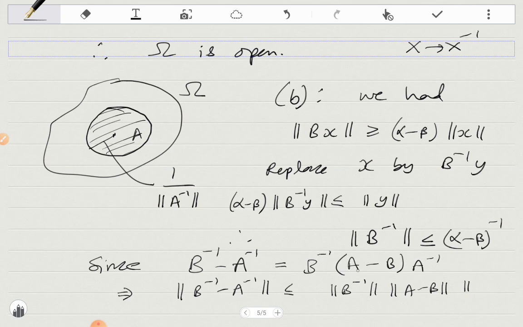The main thing is this A minus B here, and we can now control all of these things. Norm of B inverse, we just established, is at most alpha minus beta inverse.